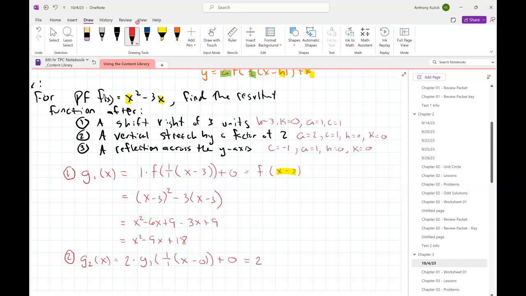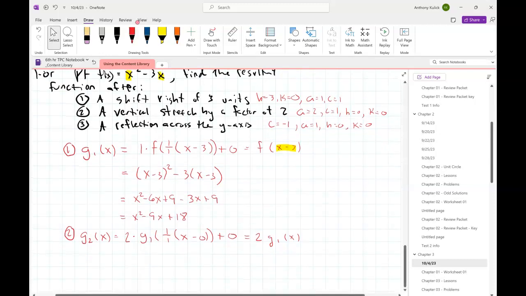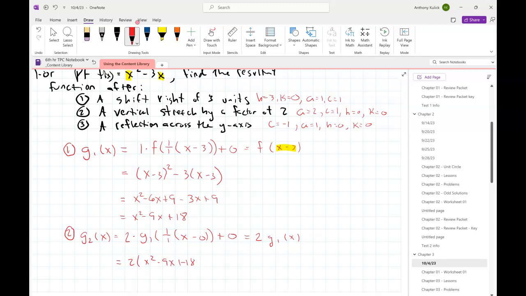So this is really just 2 times G1. So far, so good. And G1 is X squared minus 9X plus 18. So I just get 2X squared minus 18X plus 36.